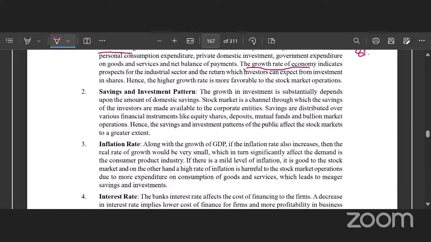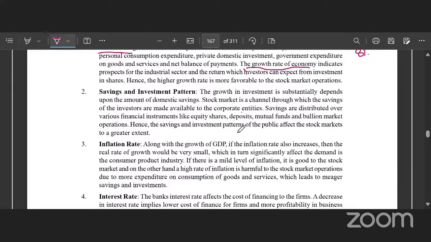Though the penetration of Indians or the investments from Indian households is relatively low, still we are basically driven by the savings of individuals, right? The stock market is a channel through which the savings of the investors are made available to the corporate entities. So we know there are suppliers and there are receivers, right? The Indian households or individuals are the suppliers of capital to the corporate entities who need it, right?